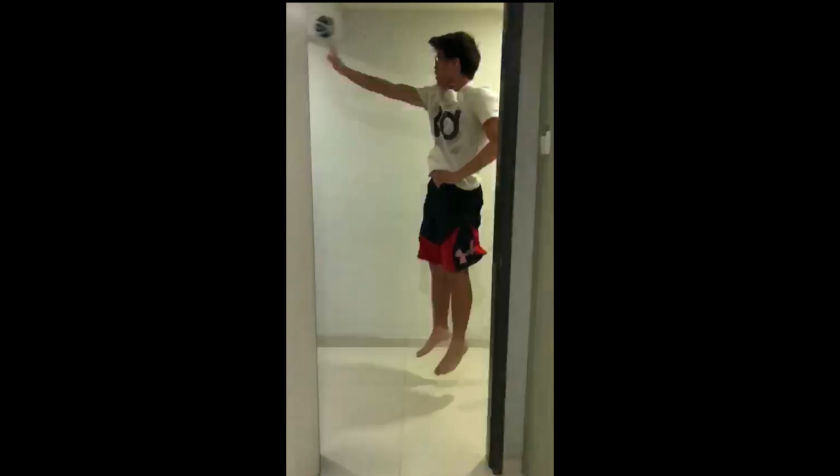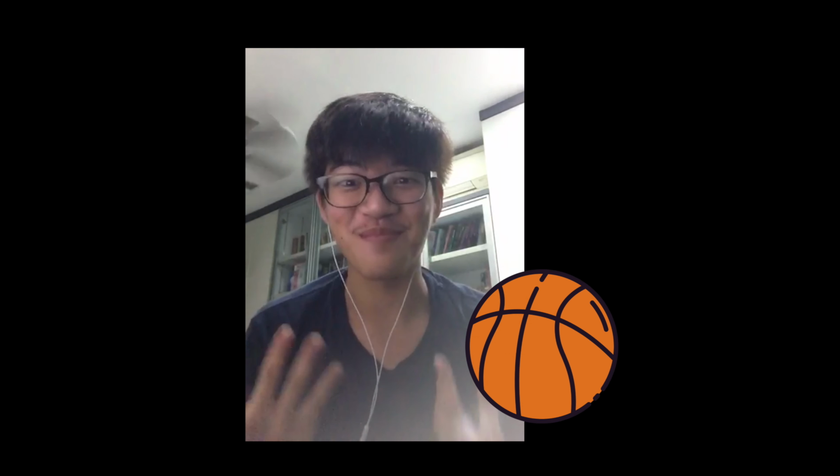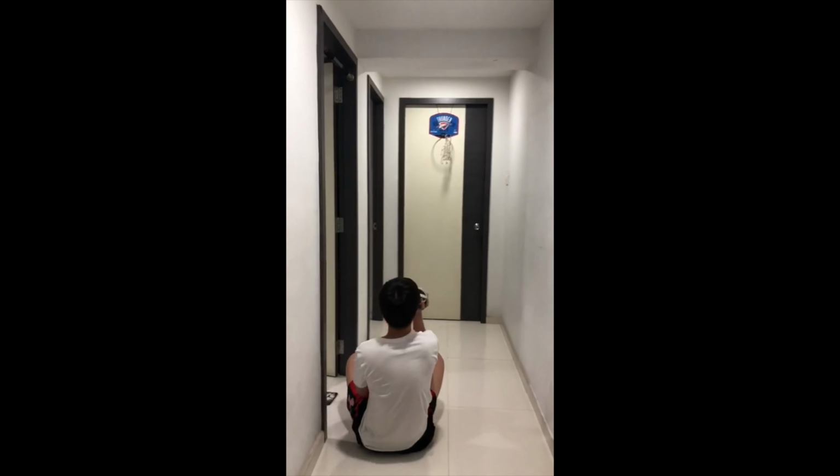When David shoots the ball, the object moves in a parabolic path with a vertical and horizontal motion that are independent of one another. Thus, we can use separate equations to account for the motion in each direction. If David shoots the ball such that it only has a vertical motion, it will look something like this.